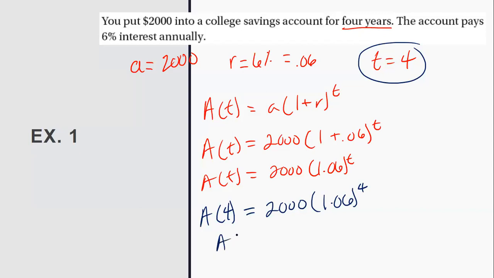So I know that after 4 years, I will have saved $2,524.95. That's what my savings account will have grown to.